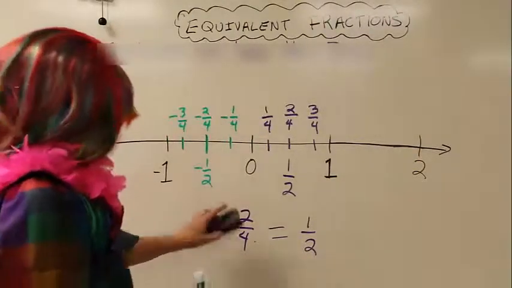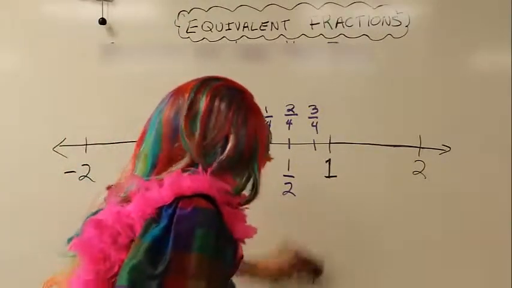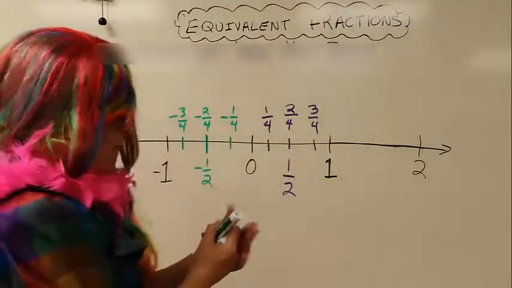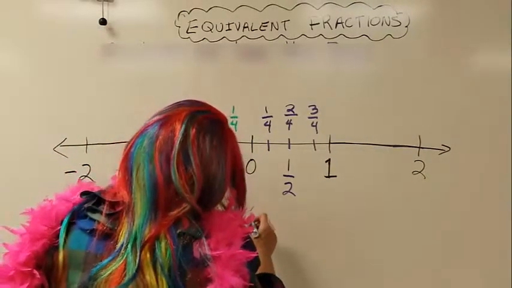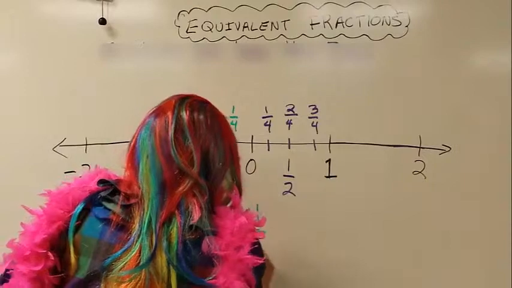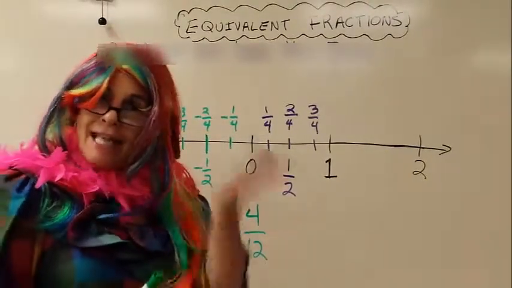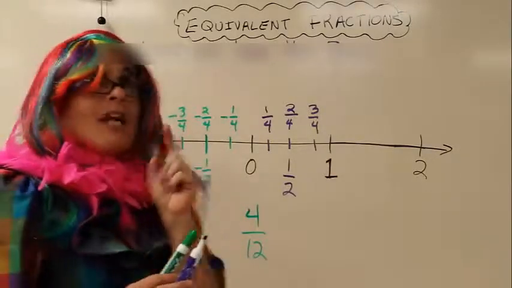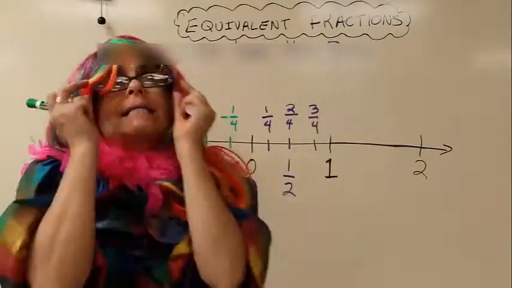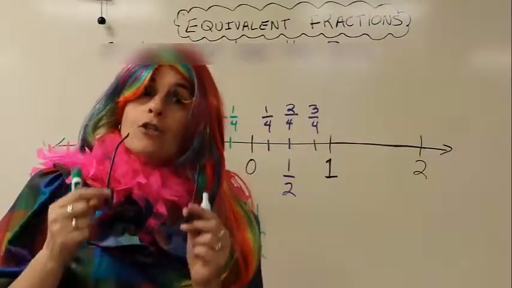Spectacular! That's equivalent fractions. Let's see if there are some other fractions that we can see if they're equivalent. What about 4/12? Can we find a fraction that's equivalent to 4/12? Let's see. We say to ourselves, is there a number that will go into both 4 and 12?